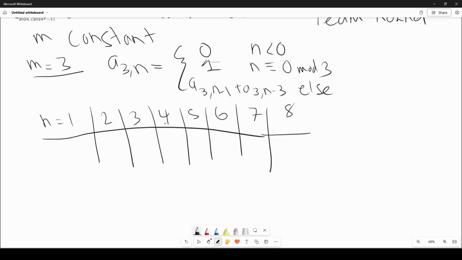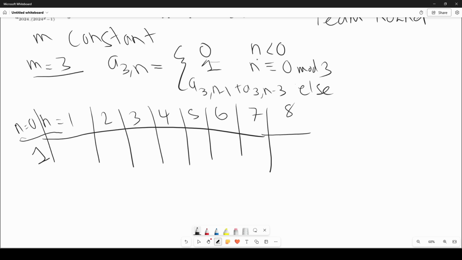So starting with n equals 0, 0 is 0 mod 3, so we get a 1. n equals 1 is not 0 mod 3, so instead we get a_0 plus a_{-2}, which is 1 minus 3.